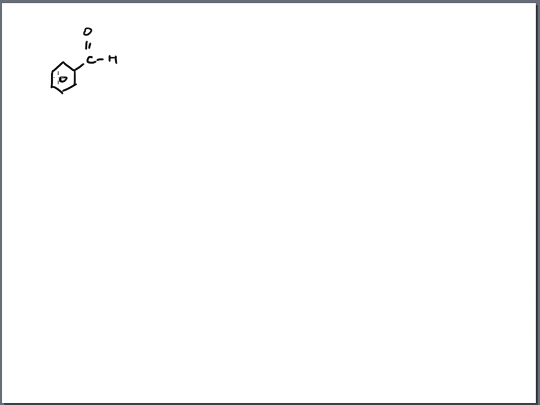So here we have a benzene ring, and then off of this is a C double bond O H. So this is benzaldehyde yet again. We're going to take benzaldehyde and react it with CH3CH2NH2. Well, this was called ethylamine.